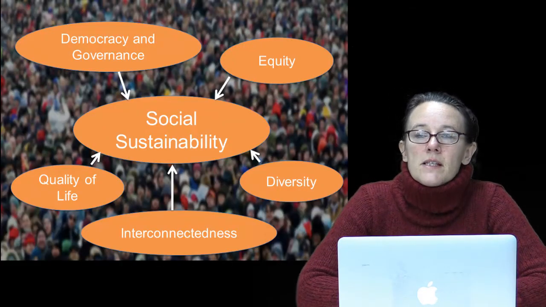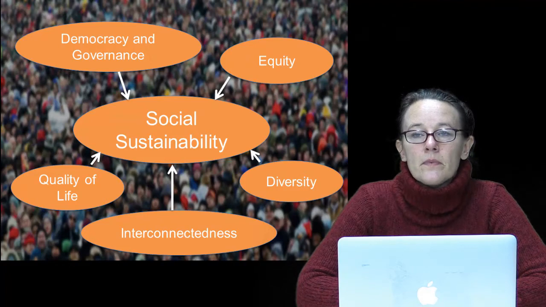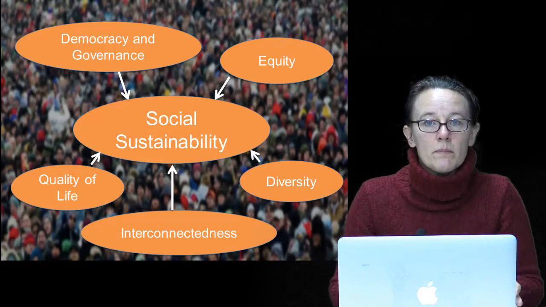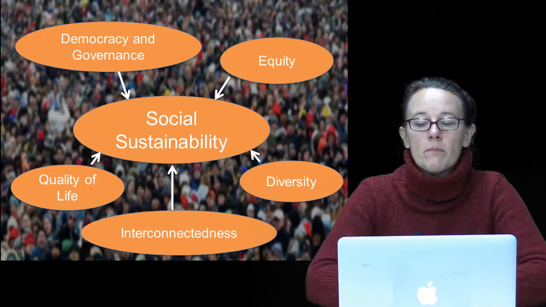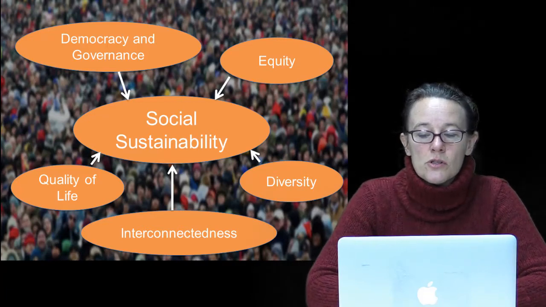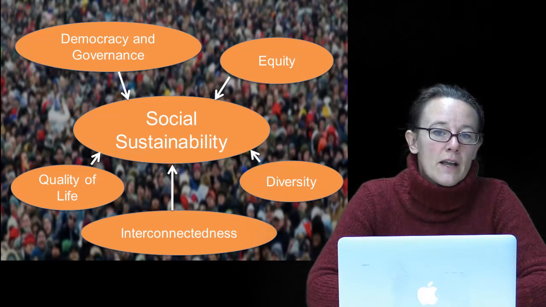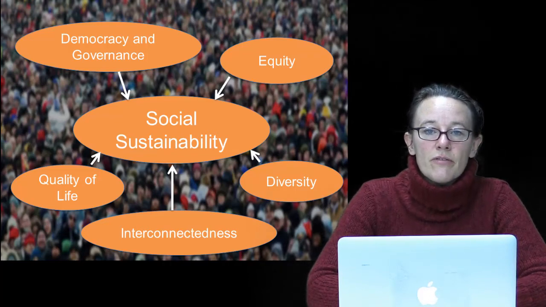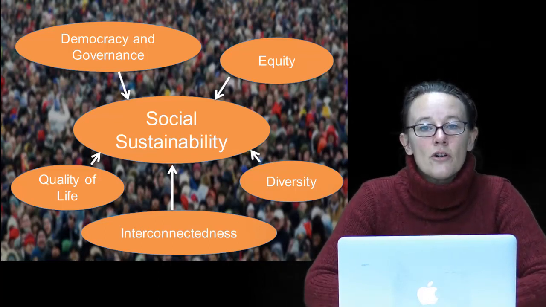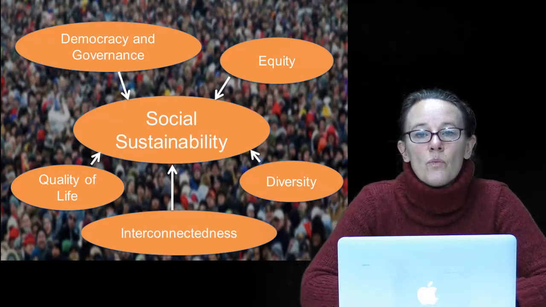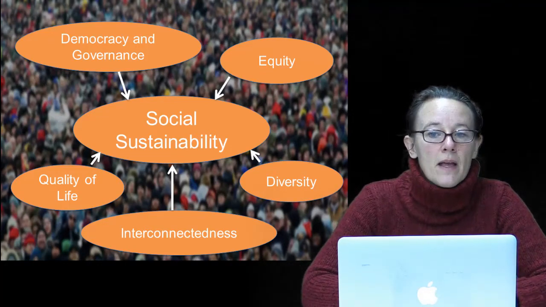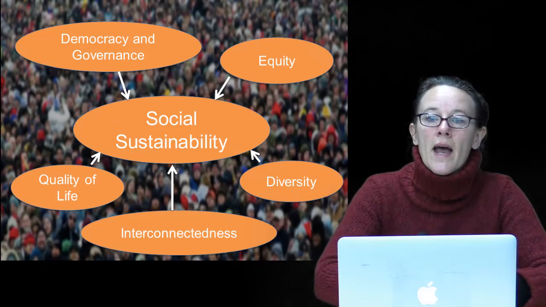I talked about these concepts about equity, that it should be equal between people, and that's a very important part of this social sustainability concept. Another part is diversity, that we are different. Some people have larger capacities than others. We are different in the availability, the possibility to access things.